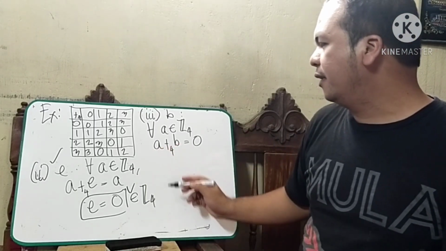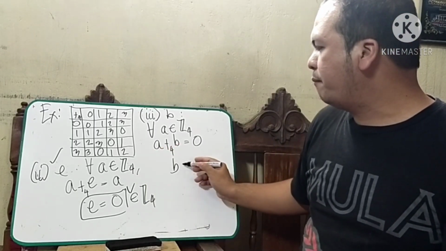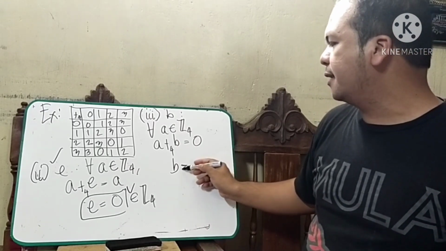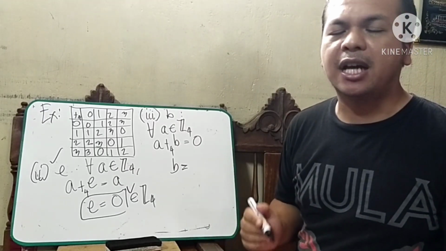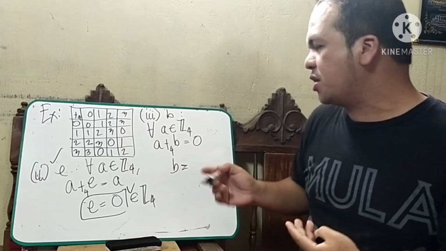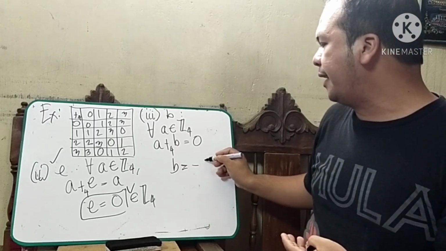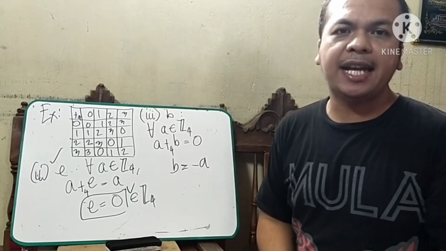So, ano yung B? B is equal to, of course, using our usual arithmetic, negative A. Ang B natin ay negative A.